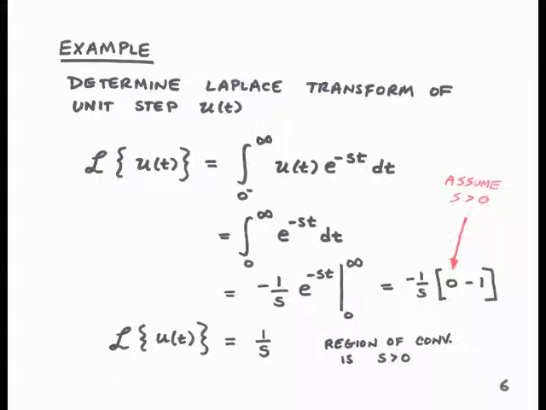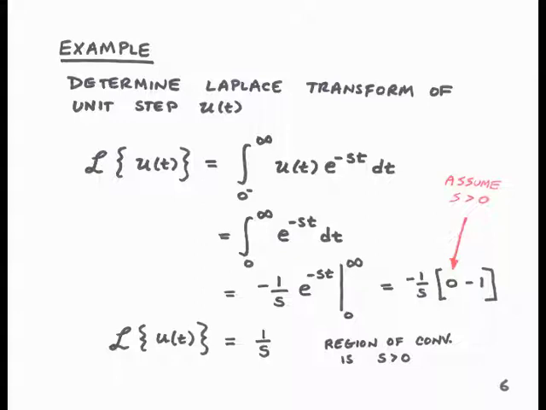So then we can simplify our integral as the integral from 0 to infinity of e to the minus st dt, which of course is minus 1 over s e to the minus st evaluated at the two endpoints of the integral, 0 and infinity, which will be equal to minus 1 over s times the quantity 0 minus 1.